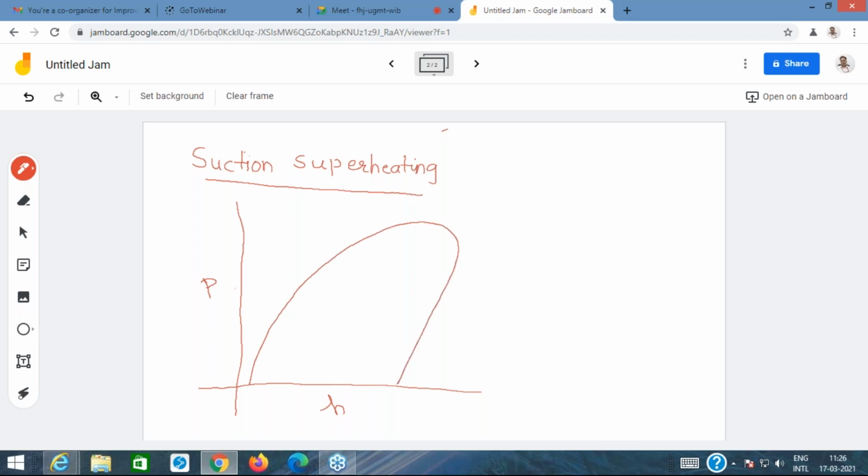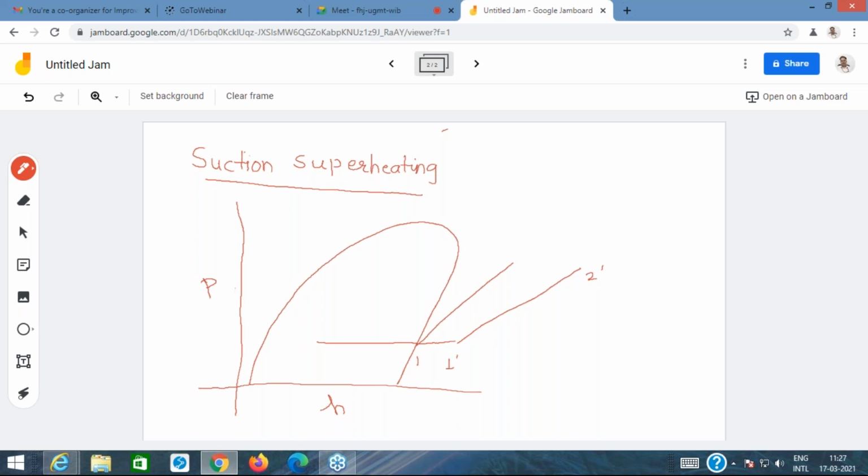So what I mean by suction superheating is as follows. This was the saturation cycle, meaning that the state 1 was dry saturated. And when I'm saying suction superheating, what I mean is that the state 1 has shifted to 1 dash, and this is the new isentropic 2 dash.